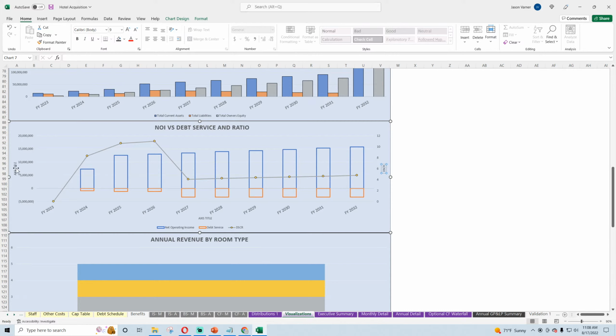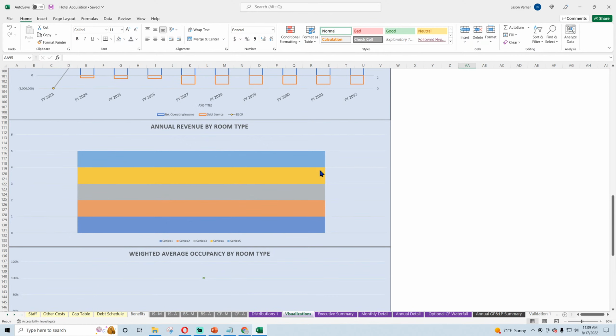And this is just representing NOI or debt service. So this is the ratio of this. You can see here's leading up to the refi. You refi, then your debt service coverage goes down a bit. Debt service goes up a bit. I guess it's fine, that chart. I mean, it works. It's no big deal.